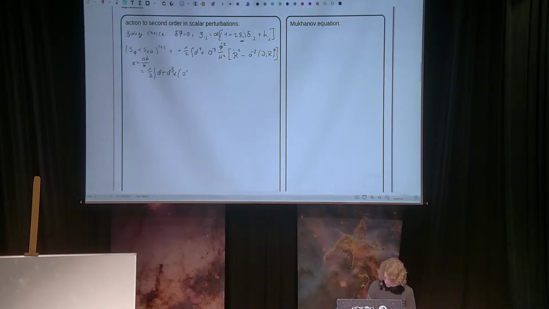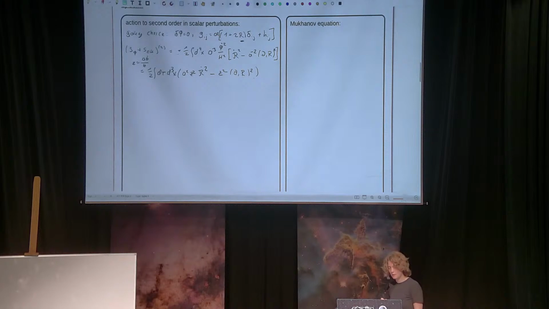So I get a squared z squared R dot squared. And then for the second part, if I combine this, z squared, right, because you have a to the 3, a to the minus 2, and then 2 a's go into the z, so z squared. And the gradient.